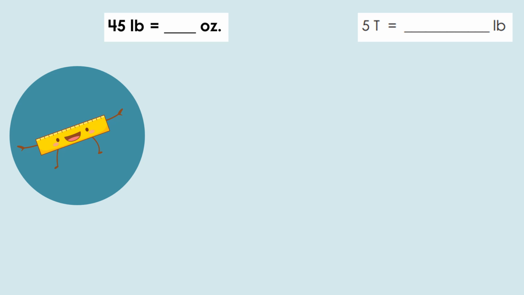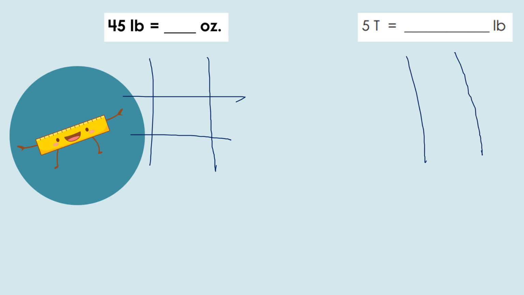Okay, 45 pounds is equal to blank ounces. So I draw my chart. And I know this one's the same way, so I'm going to go ahead and put it over here as well. And fill in my middle. 45.